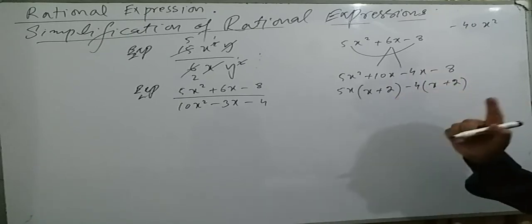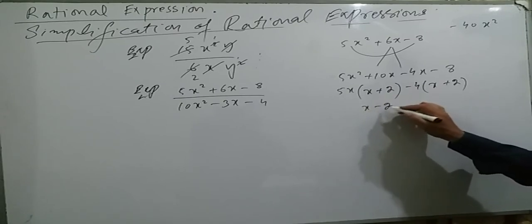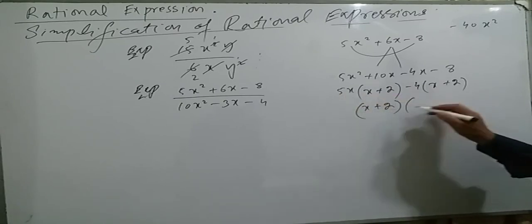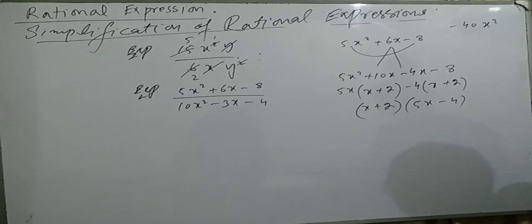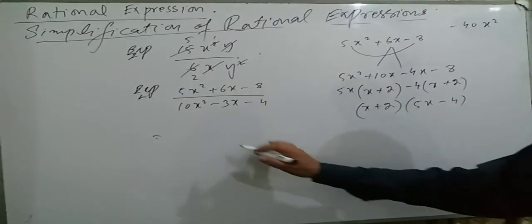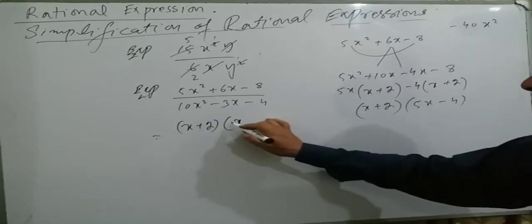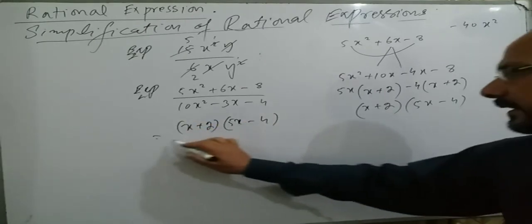These two factors should be the same. If not, your factorization is wrong. So x plus 2 into 5x minus 4 after making the factors. Now you should put x plus 2 into 5x minus 4 in place of this expression.